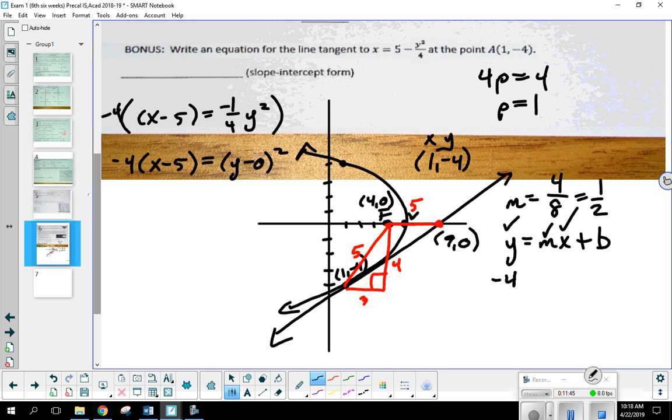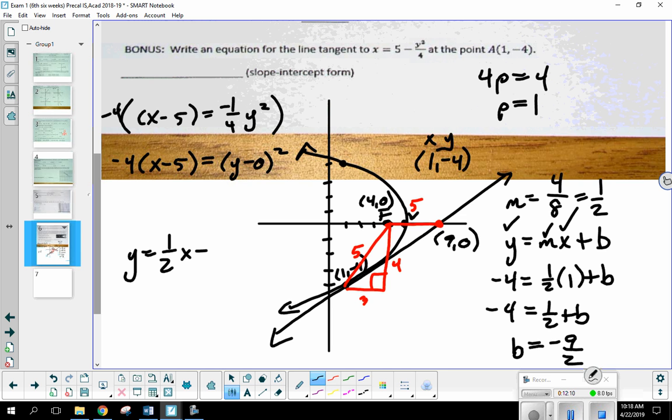So -4 should equal 1/2 times 1 plus b. Okay. So -4 equals 1/2 plus b. So b is equal to -4 minus 1/2, -9/2, or -4.5. Okay. So the equation of my tangent line should be y = 1/2 x minus 9/2.